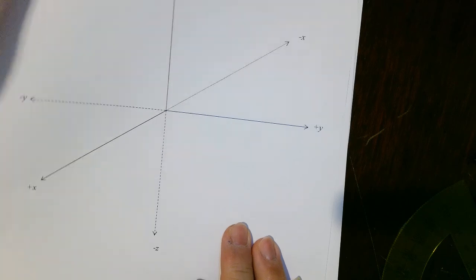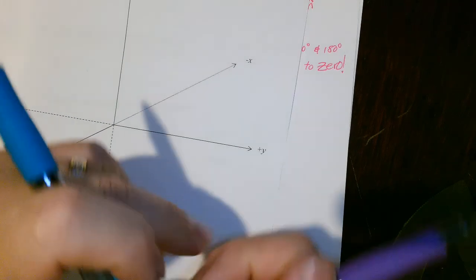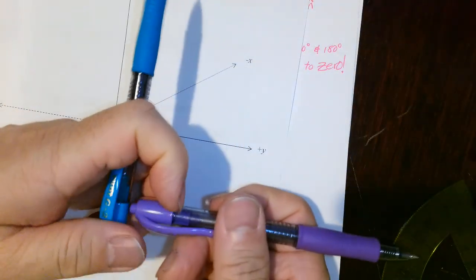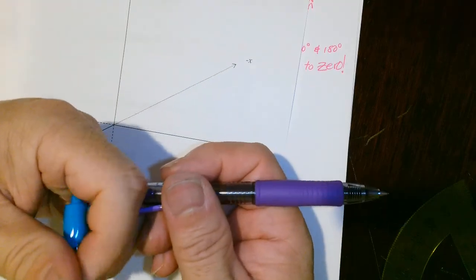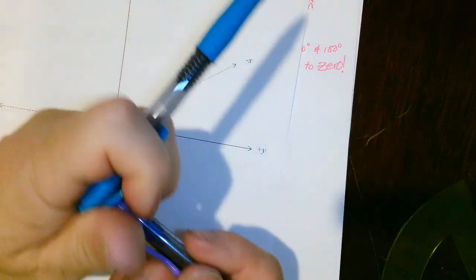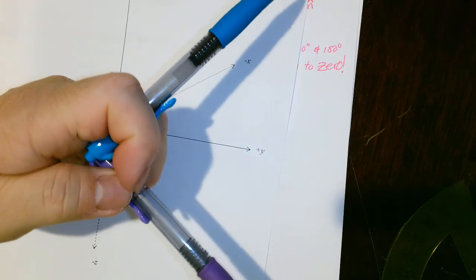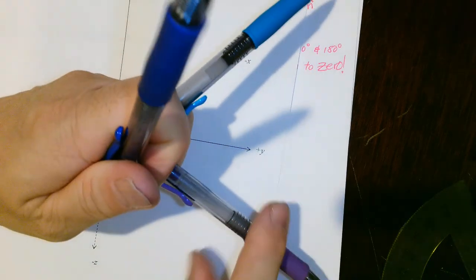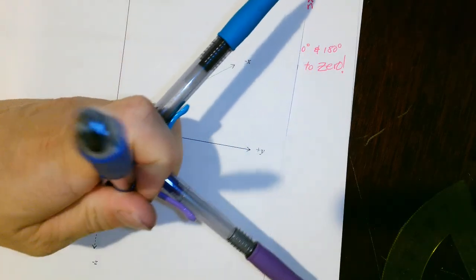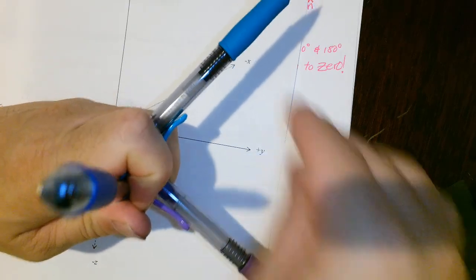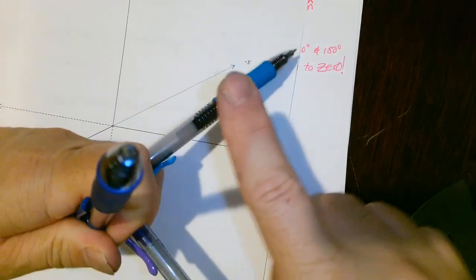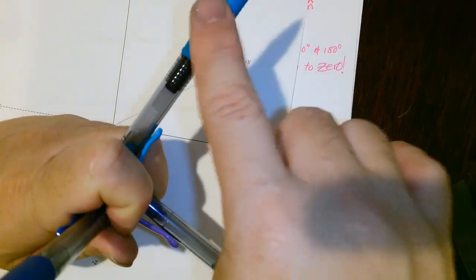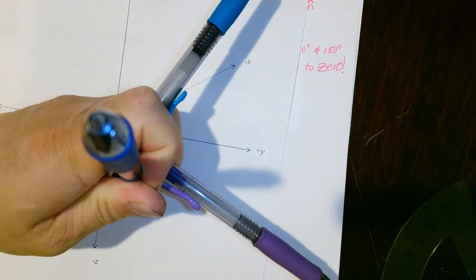All right. So those of you who are having a hard time visualizing this, think of it this way. If you have a three-dimensional thing, and here's purple is your x. This is your y. And then this is z.